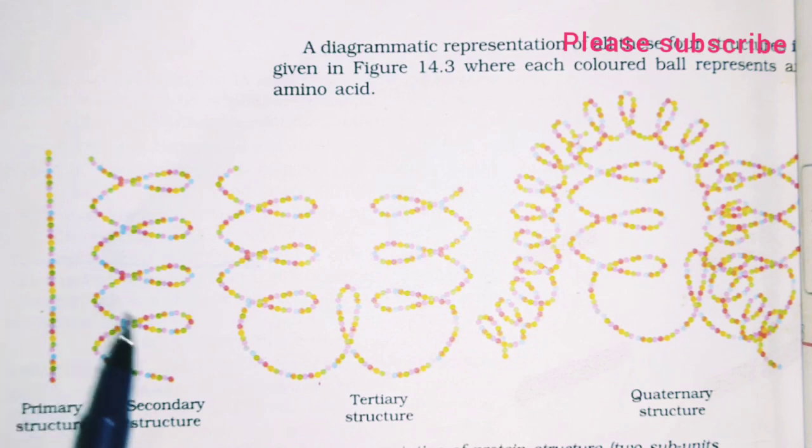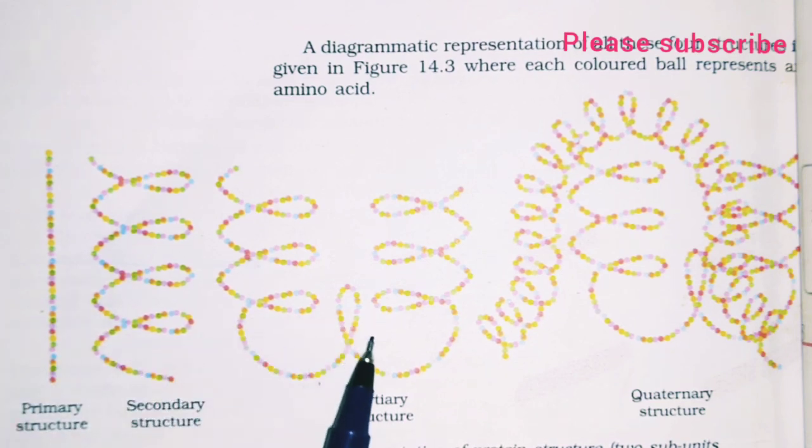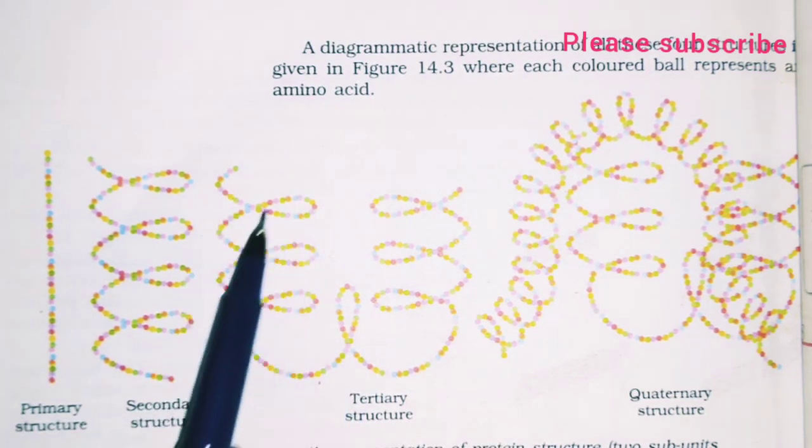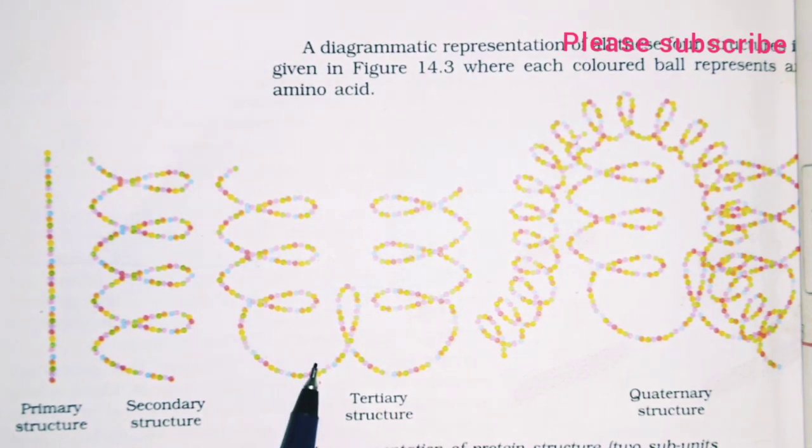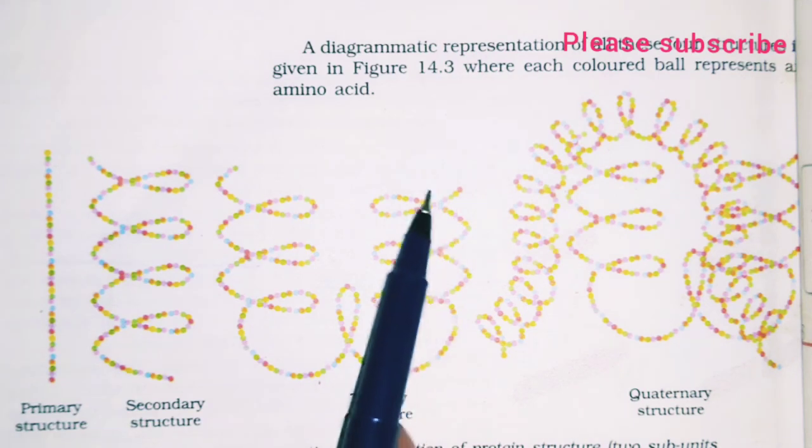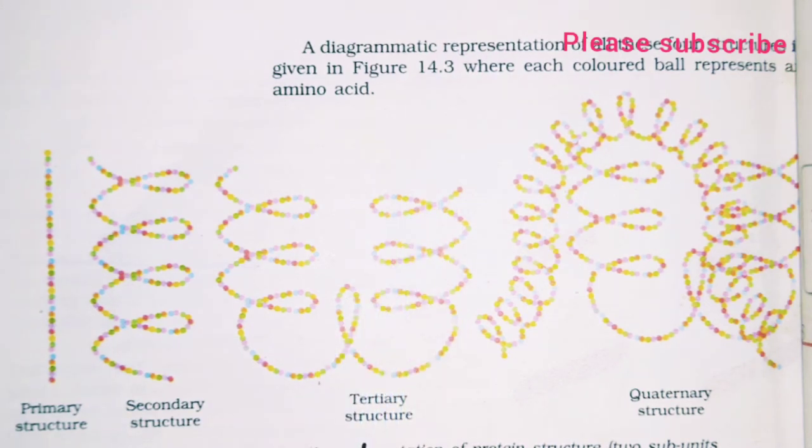Further folding of the secondary structure is called the tertiary structure. Again it is folding. Further folding means you will get a tertiary structure. So this is the secondary structure now, and if that folding continues you will get a tertiary structure.